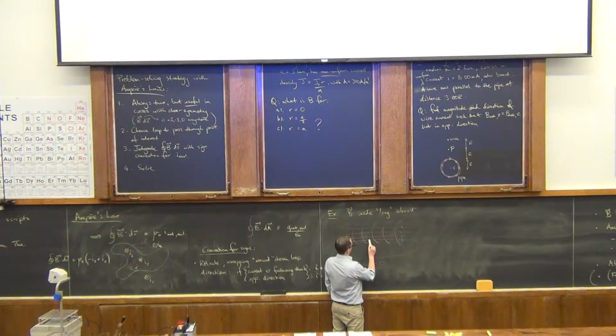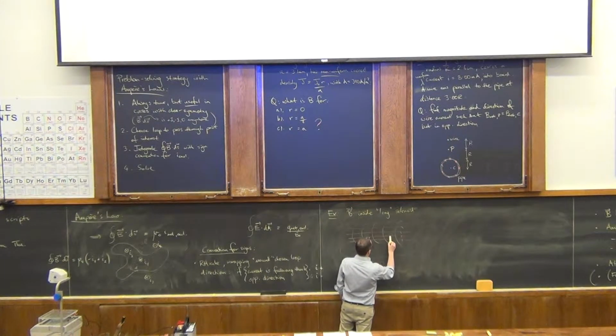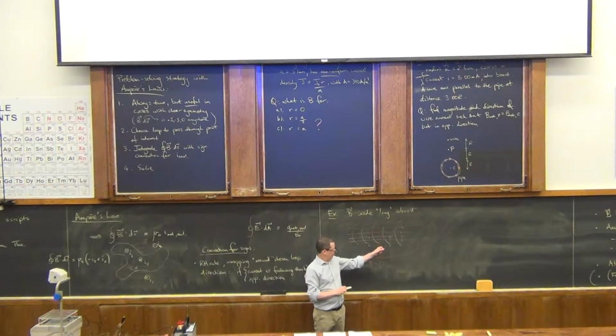So, give me a little bit of time, if you will. I'm going to imagine now an Amperian loop that is a rather maybe surprising shape. So I'm going to define a rectangle that cuts through one side of the solenoid. So that one side of the rectangle is axial inside the solenoid.